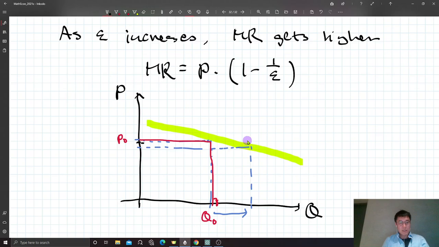So just by decreasing price a little bit, the monopolist can sell this additional unit. What is the corresponding change to revenue? Now the revenue becomes the area of this black rectangle. So we can see that revenue decreases by this amount, but increases by this amount.